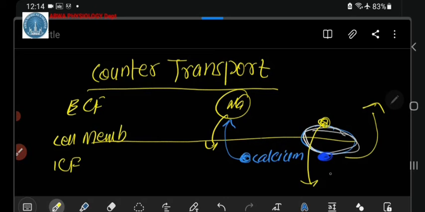Sodium becomes inside and calcium becomes outside against the concentration gradient. This is called counter transport, or the movement of two ions through the cell membrane in opposite directions. One is moving inside and another one is moving outside against the concentration gradient.